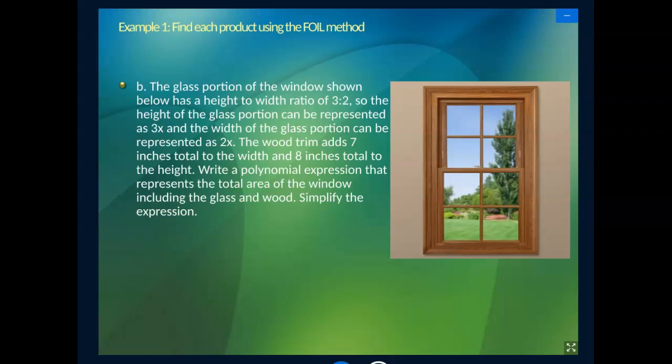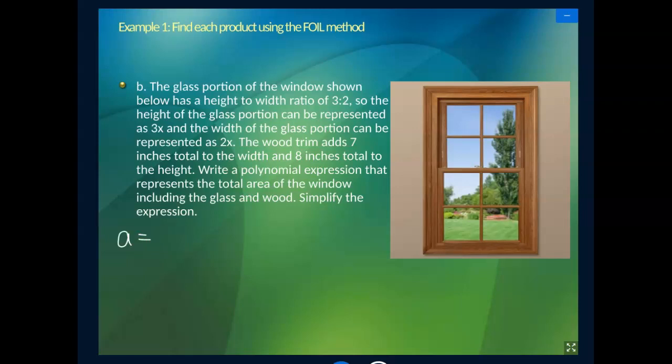Okay, so everybody done? The first thing you want to think about is, what is it asking me to do? It's asking me to write an expression that represents area. So in order to be able to do that, I need to know, what is area? So what's the formula or the equation for area?